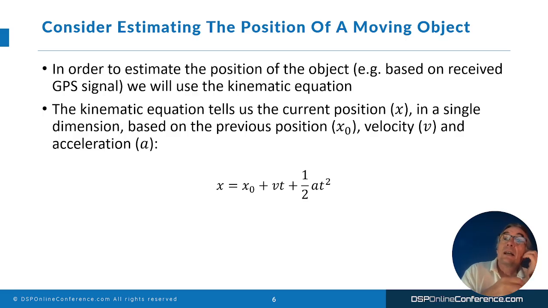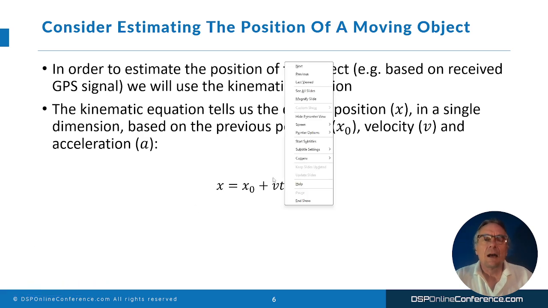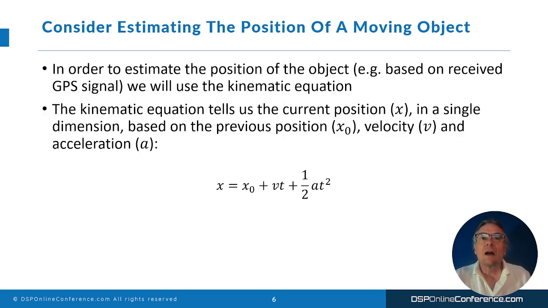If we wish to estimate the position of an object, and we have a previous measure for position, for example, and we know the velocity and acceleration, then using the kinematic equation shown here, we can easily estimate the current position from the starting position x0 plus the velocity over time, and acceleration and time squared.